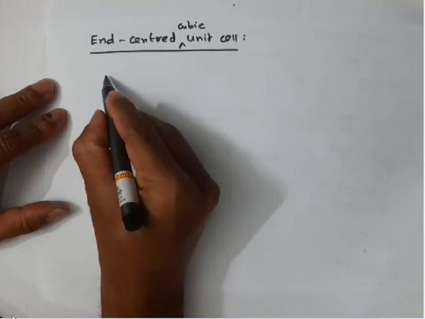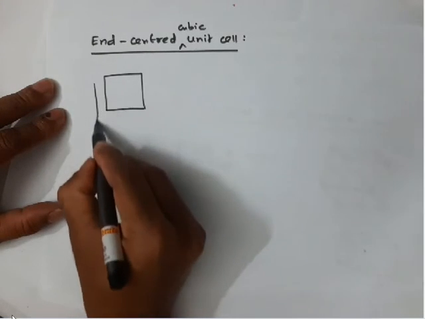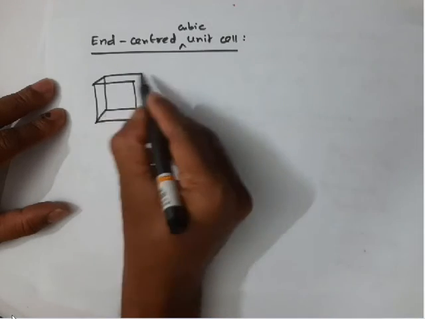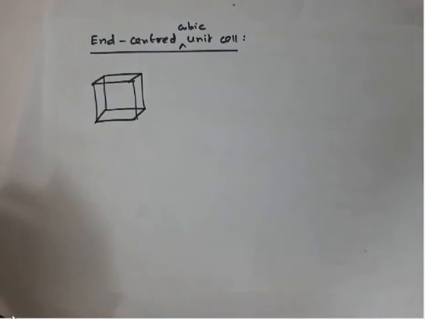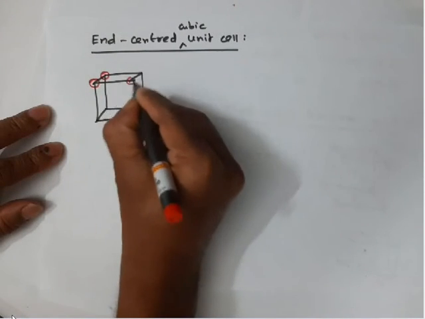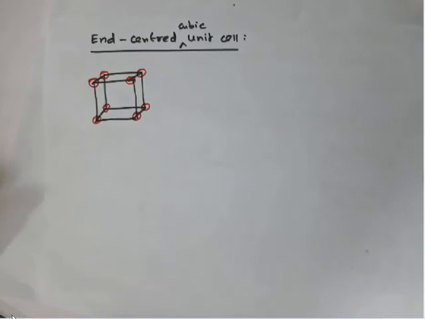Very simple. So I'll take a unit cell in cubical shape like this. We have atoms at the corners. I have an atom here. If atoms are present only at the corners, then it is called a simple cubic unit cell.